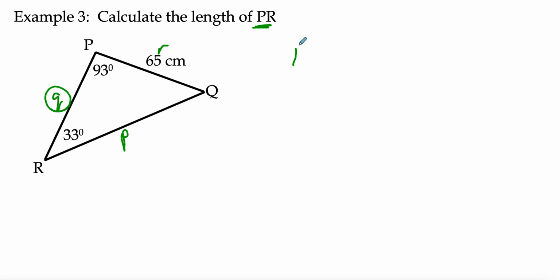If I write out p over sine P equals q over the sine of Q equals r over the sine of R, something interesting is about to happen here, because we want q.